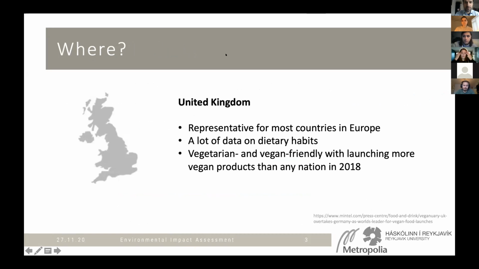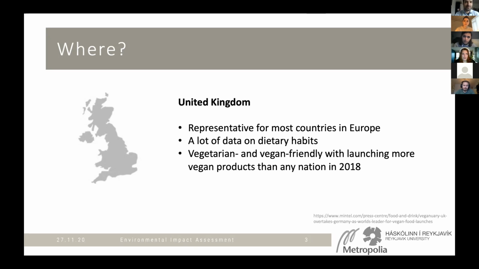So we will be doing this project about the different diets in the United Kingdom, and we decided to take the United Kingdom because it's representative of many countries in Europe, so the diets are pretty much the same, and we can get a pretty good perspective on different diets.